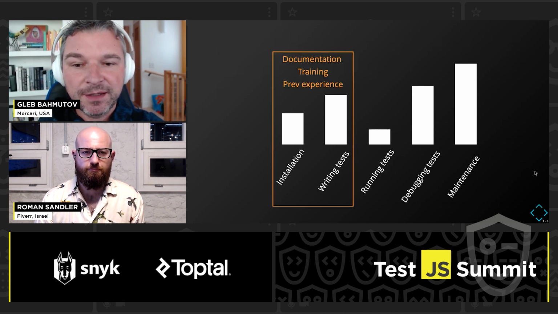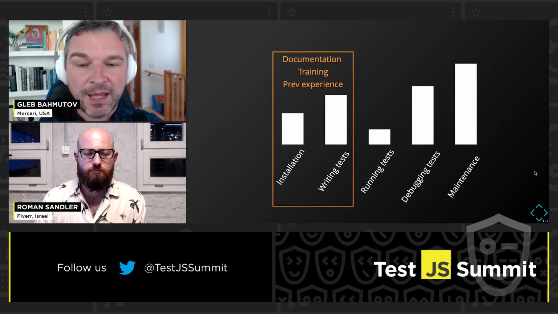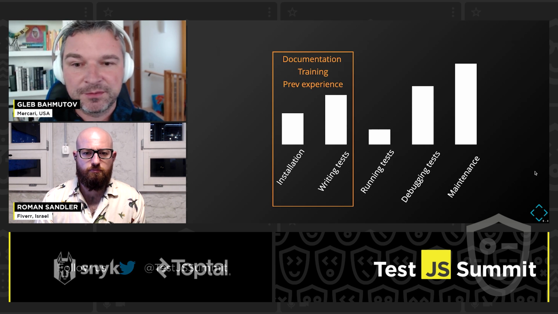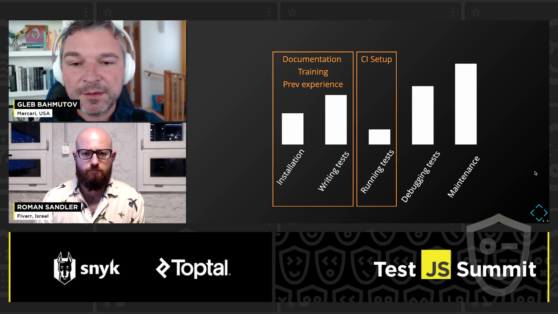So to me, how fast you can do the installation of a tool, how fast you write the test, mostly comes from how good the documentation for the tool is, and if you have good previous experience with a tool. That's what determines how fast and how much effort it requires. The running of tests is only determined by how well you set up your CI.